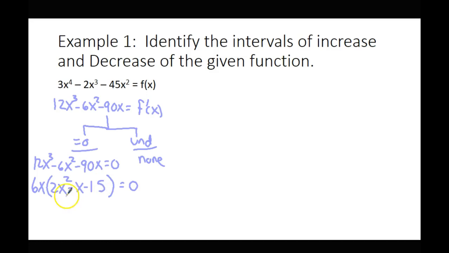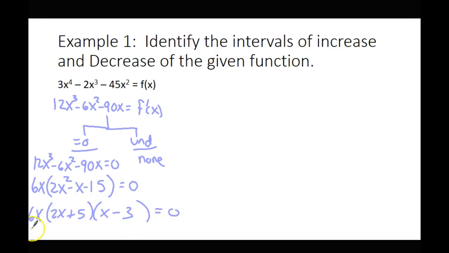And then we would factor this using reverse Euler or box method. Let's see if that works. 2x plus 5 and x minus 3. So that would be negative 6 and positive 5, which would give me, yeah, you're good.